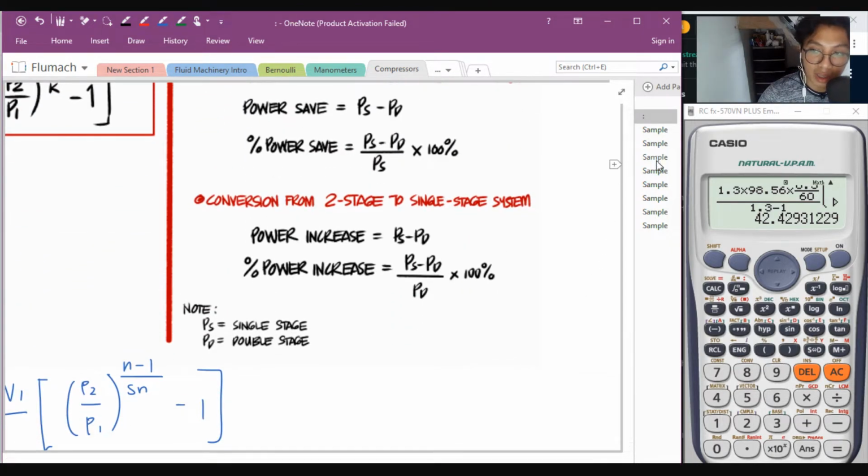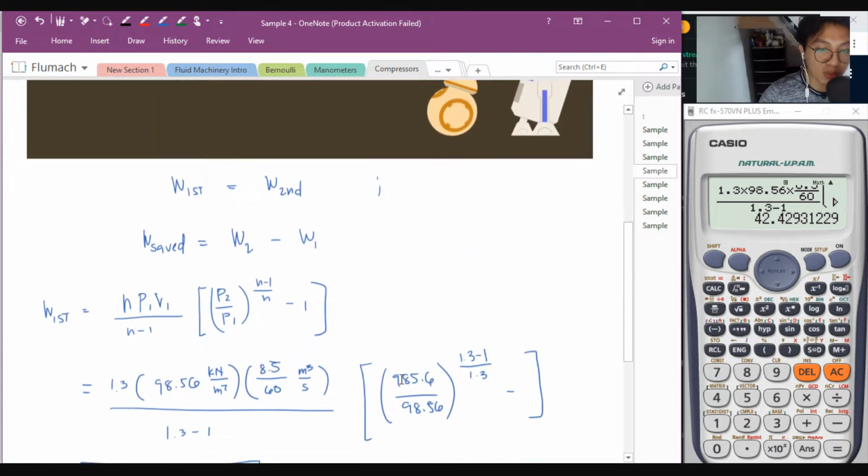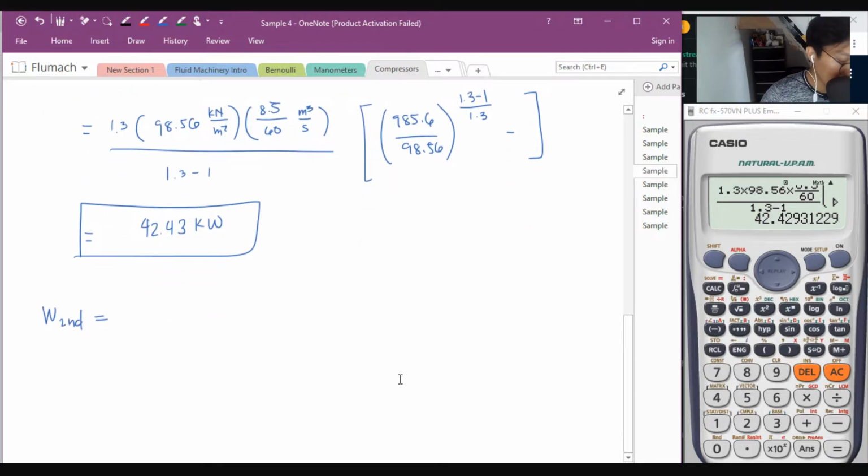Okay, let us get back here. So, for 2 staging, multiply natin. So, that is 1.3. Then, multiply mo ang number of stages na meron ka for 2 staging. Multiply to 98.56 kilonewton per meter cube.